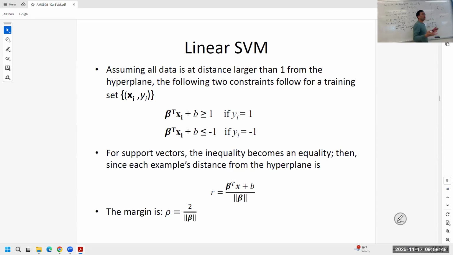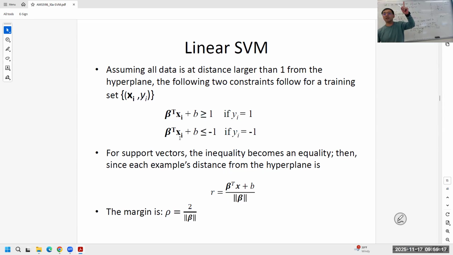The two boundary lines are beta transpose x plus b equal to -1 and beta transpose x plus b equal to 1, because we assume the points at the boundary are at distance exactly 1 from the separator.